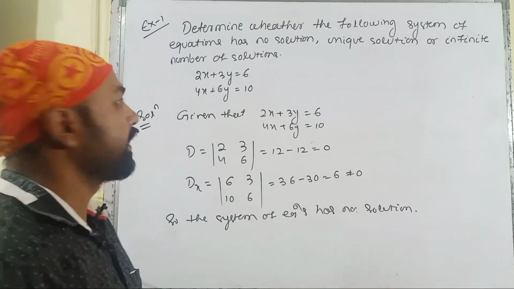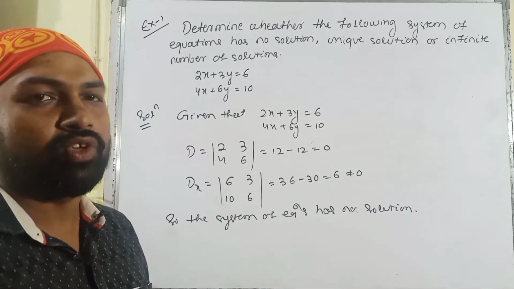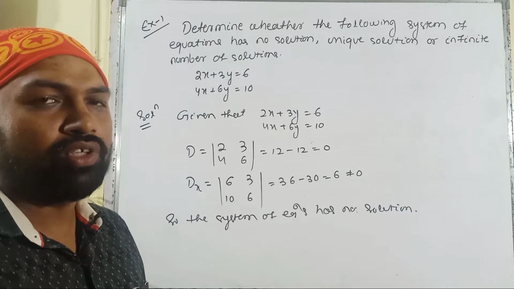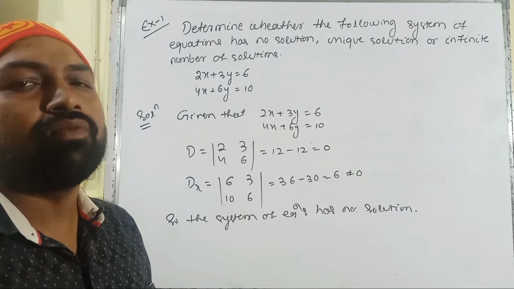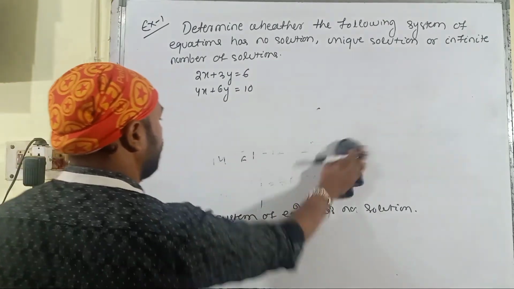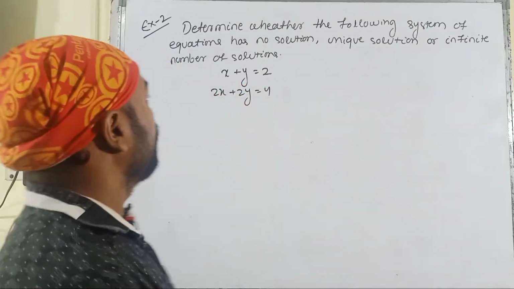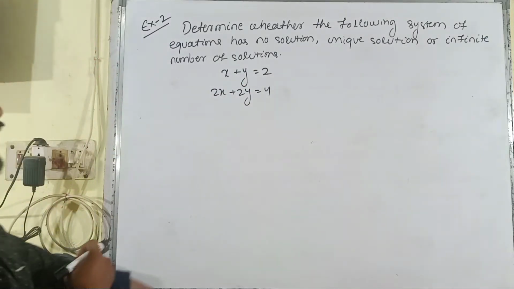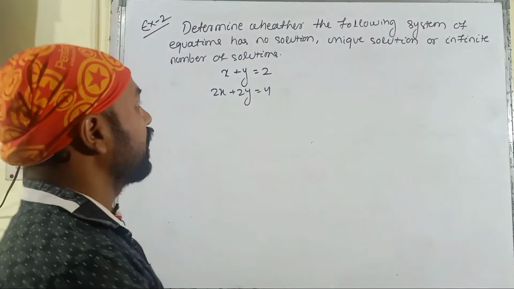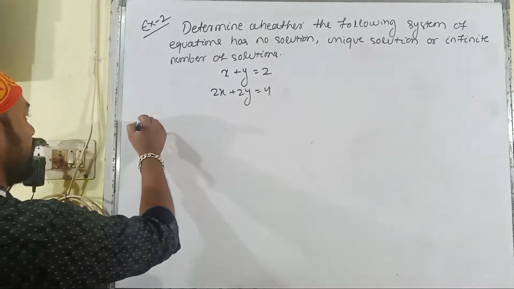Then let us go through the second problem. Here also we have to find out whether the system of equations has one solution, no solution or infinite number of solutions. Here also we have to determine whether the following system of linear equations has no solution, unique solution or infinite number of solutions.